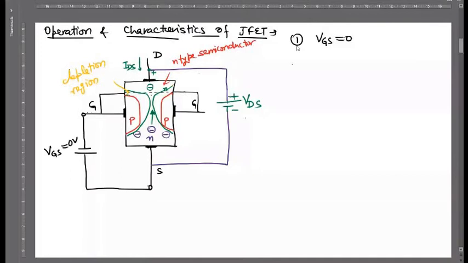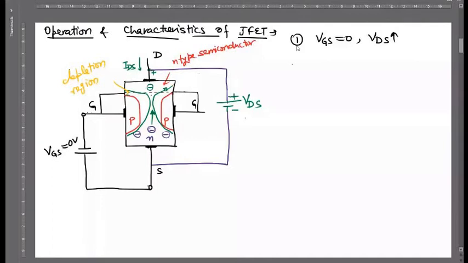The first step I'm taking is VGS equals 0 volt, meaning this is behaving as short circuited, directly grounded. Understood? Only I'm taking the voltage VDS, and this VDS I'm increasing. So what is happening with the increased amount of this VDS?